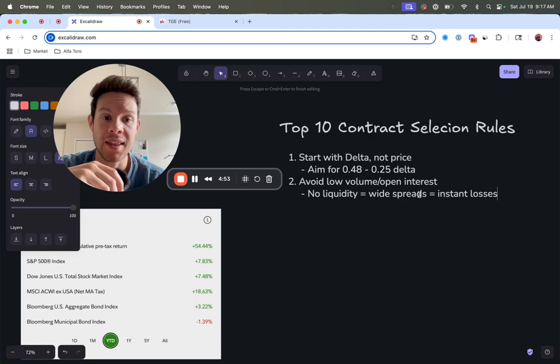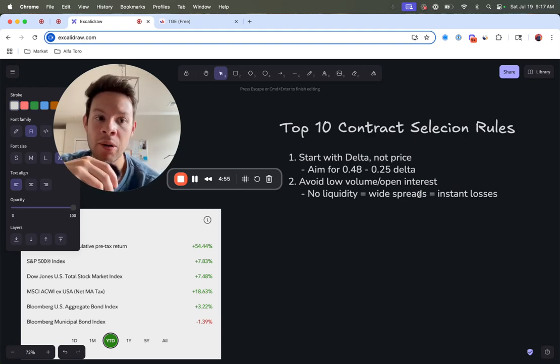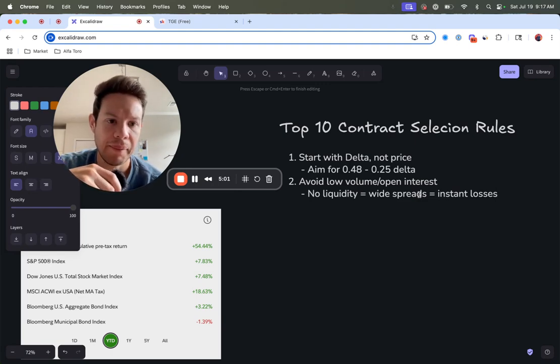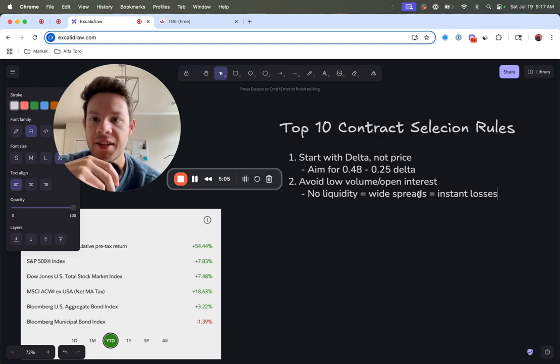But if you pick anything like MongoDB, the option chain is practically dead there most of the time. You have like 50-cent spreads, and if you get filled at the ask and the last price is somewhere in the middle, you're practically starting red already.